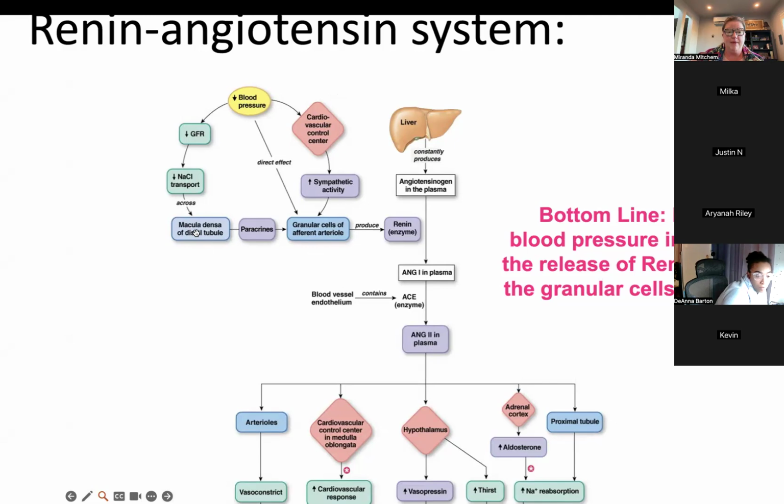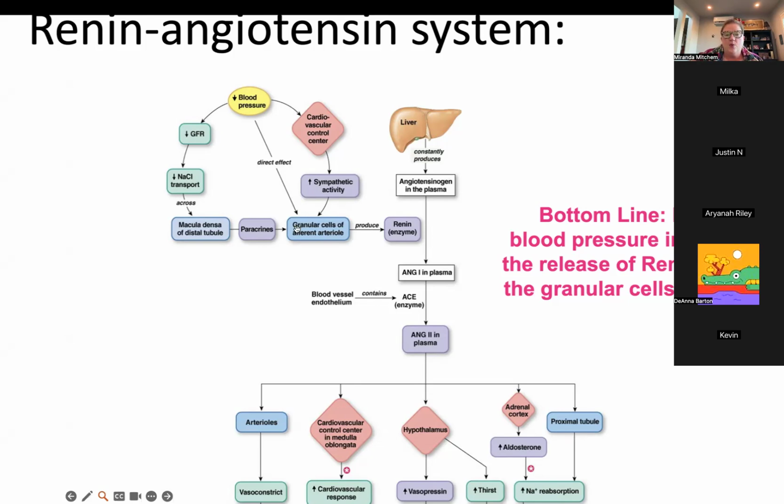The macula densa region is always sensing and is going to know that there's less sodium chloride there. So it secretes that paracrine signal to act on the afferent arterioles, which are going to increase sympathetic activity, getting the heart rate to increase and hopefully build back up enough blood pressure.